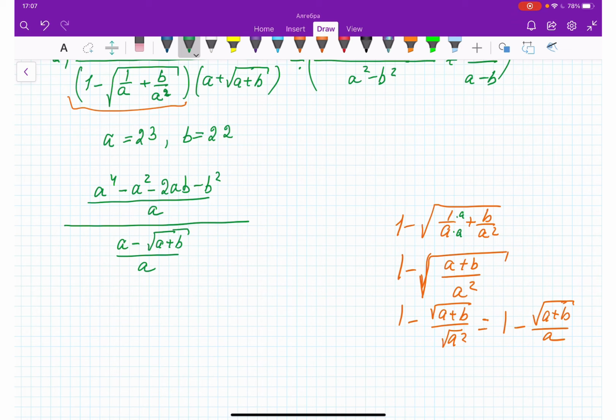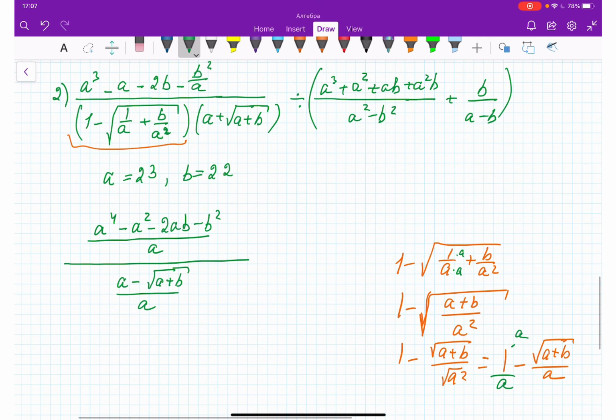Where from this a? Because this is 1, I am dividing by a and multiplying by a, correct? And I'm getting a common denominator, a minus b. Okay, so we take in parentheses and we need to multiply also by a plus square root a plus b. Yes? A plus b. Okay, let me clean this.